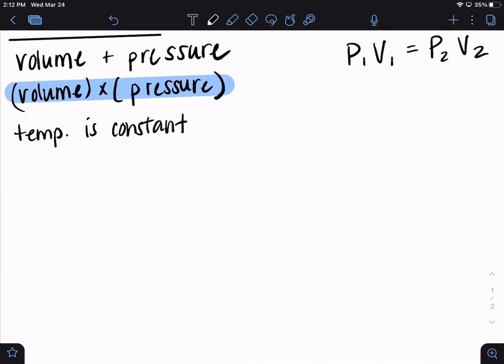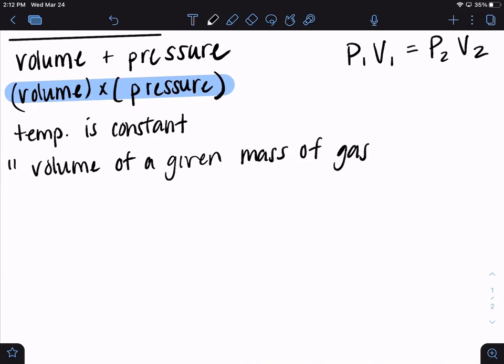And so what you need to know is that the volume is inversely related to pressure.